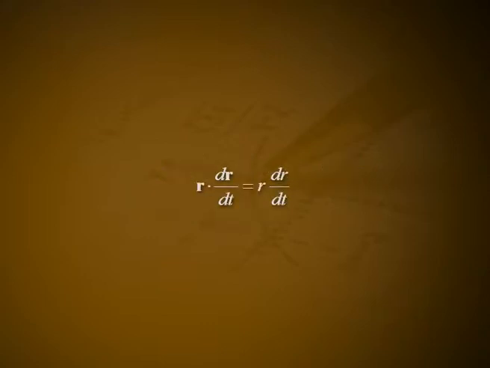Hence, vector r dot dr/dt is equal to r dr/dt.